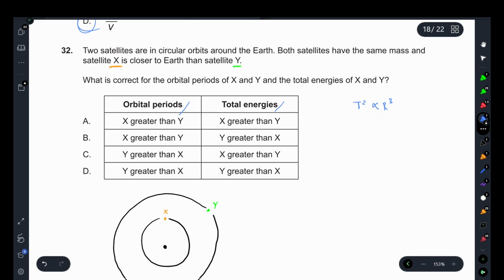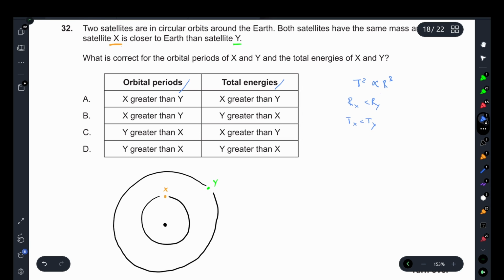T squared is proportional to r cubed. And since Rx is less than Ry, Tx is less than Ty because they are directly proportional. Let's mark that out. Ty is greater than Tx.